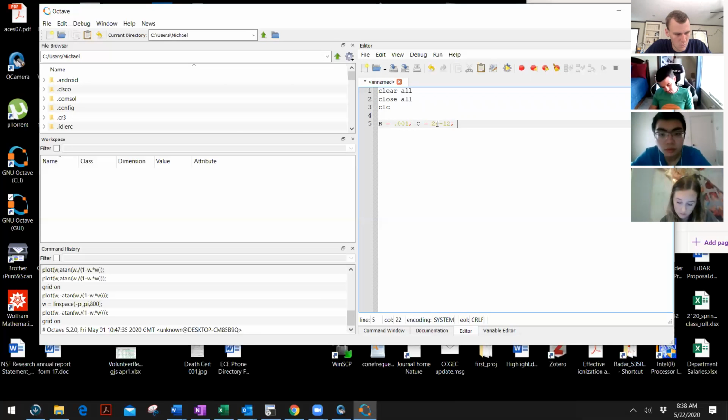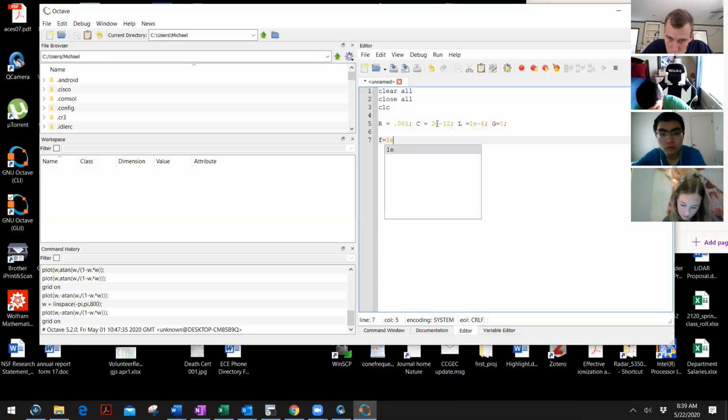And then L was 1e to the minus 6, right? And G is equal to 0, which is nice. Then I have F is equal to 10 to the 8th, or 1e8. That should do it.